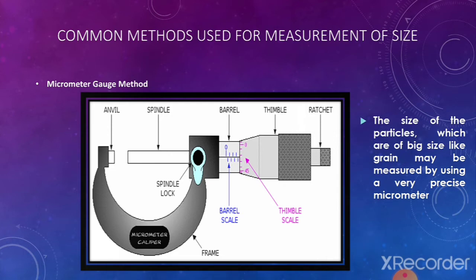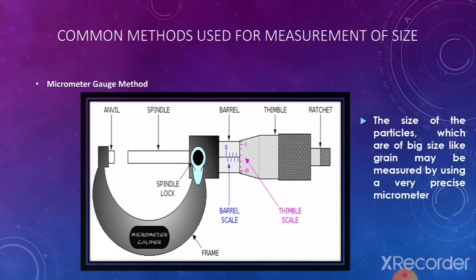Now we will see common methods used for measurement of size. This instrument is called a micrometer screw gauge, which is used to measure the dimensional characteristics of a body, particularly agricultural food grains. The size of big particles like grain may be measured using a very precise micrometer.